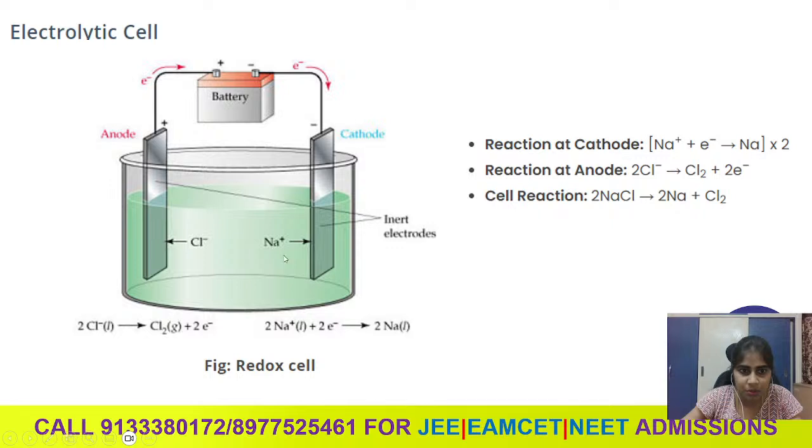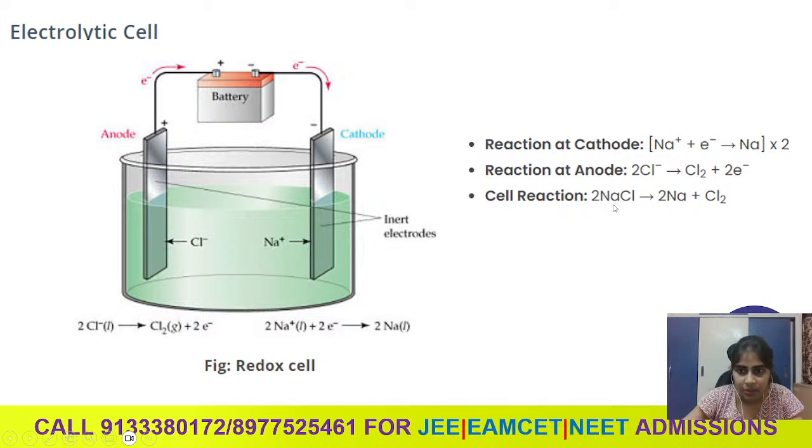Here we have Cl minus ions, they are in ionic form. These will be converted into chlorine gas by releasing 2 electrons. So this is the cell reaction happening in this electrolytic cell.